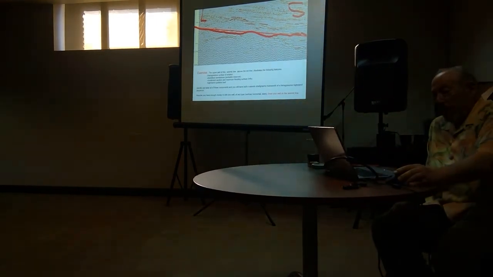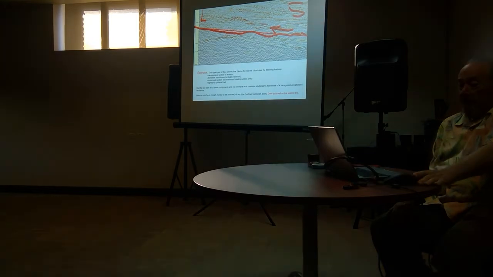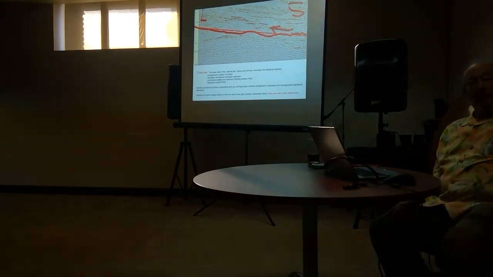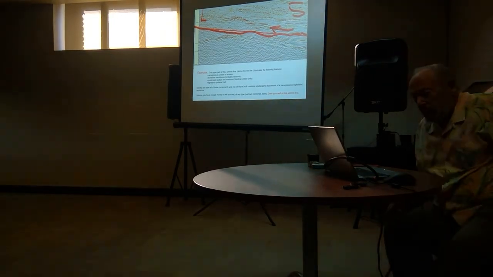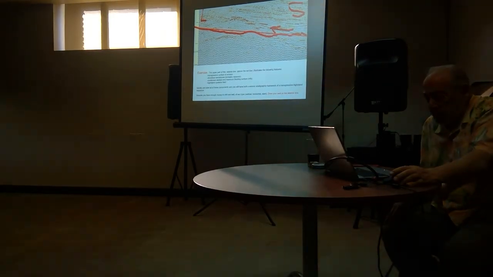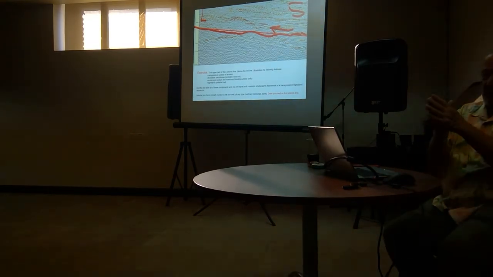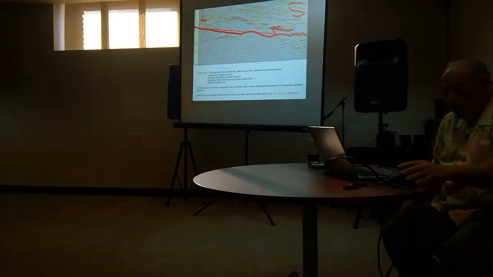Remember that during transgression, the shoreline is moving this way, and you have these long linear sand bodies. In this case, they're filled with gas, and so you get a nice high amplitude. Remember, these sand bodies aren't very wide, but they can be very long.